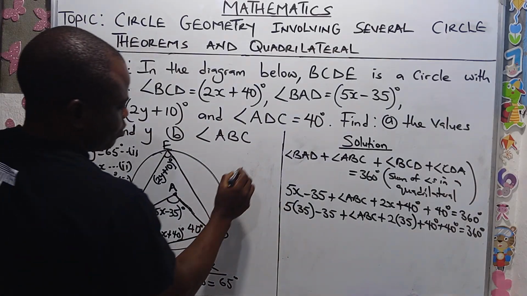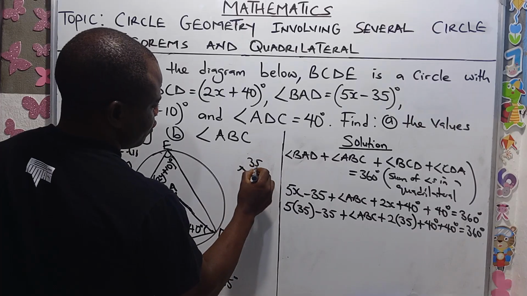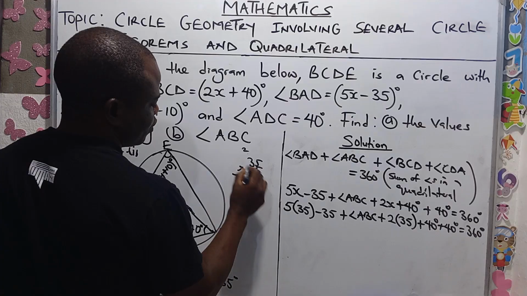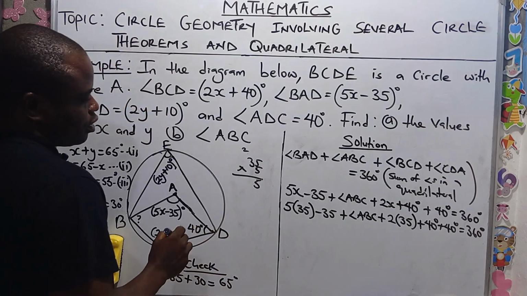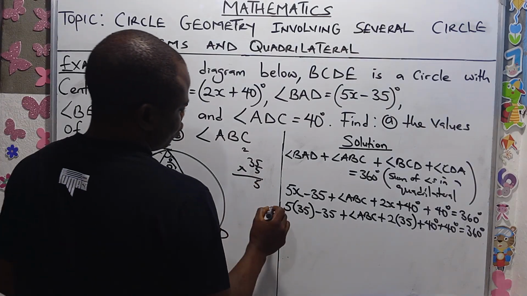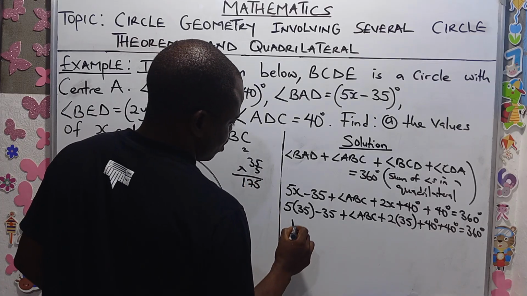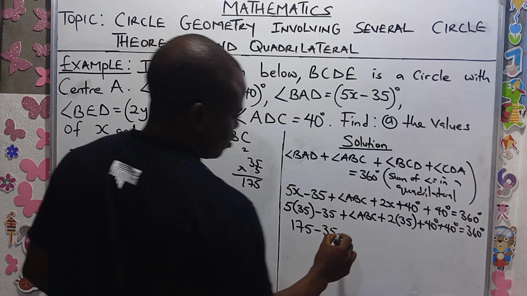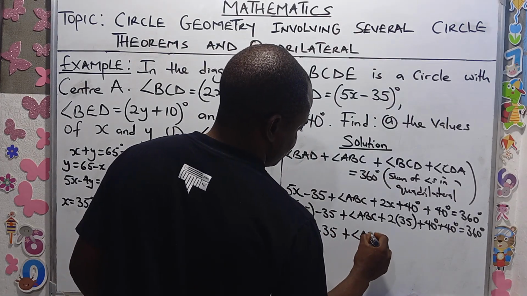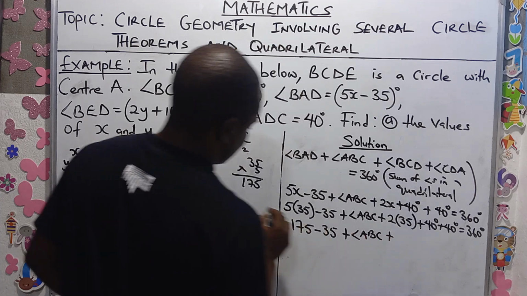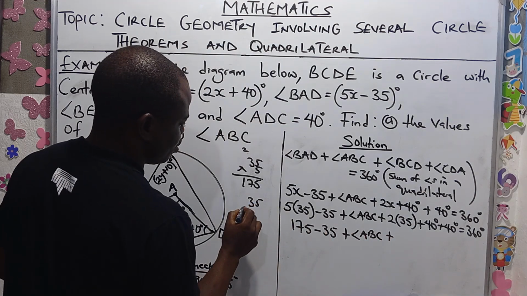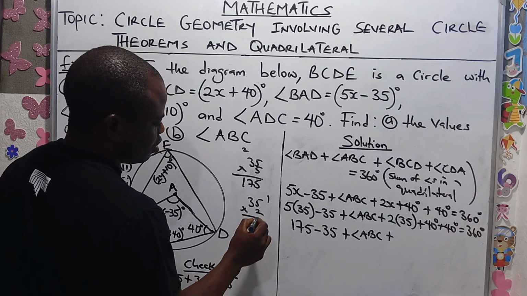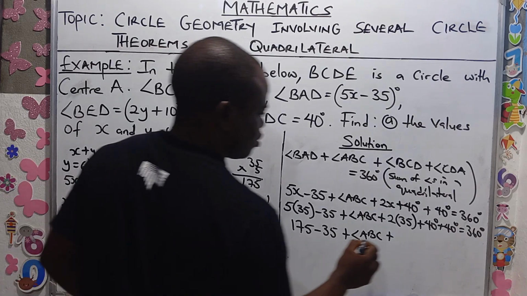Now let's multiply 35 times 5. 5 times 5, 25. Put 5 down, carry 2. 5 times 3, that's 15 plus 2, that's 17. 175 minus 35 plus angle ABC plus, let's multiply 35 times 2. 5 times 2, that's 10. 0 carry 1. 2 times 3, 6 plus 1, 7.